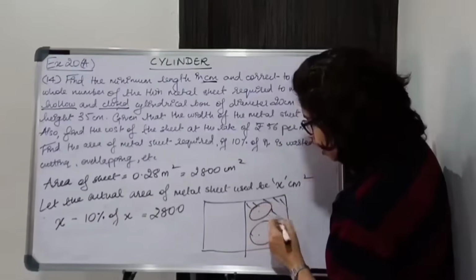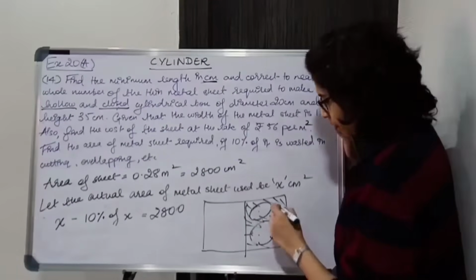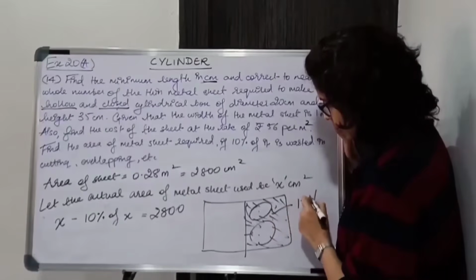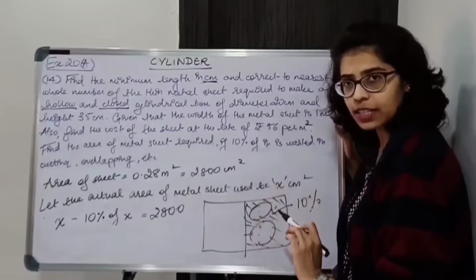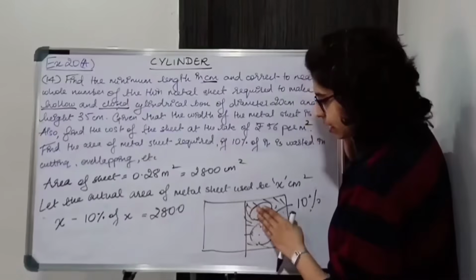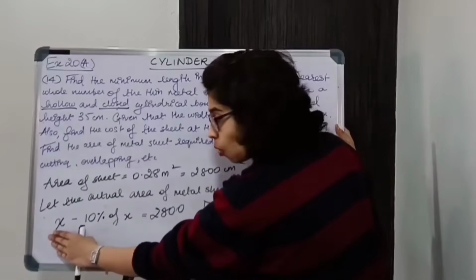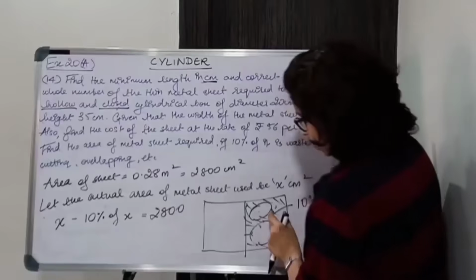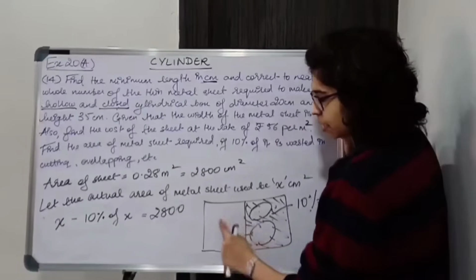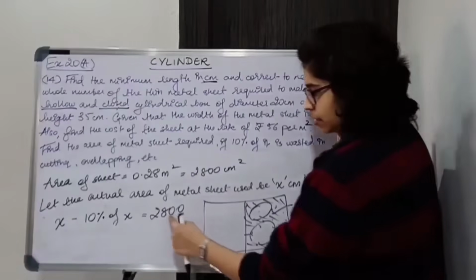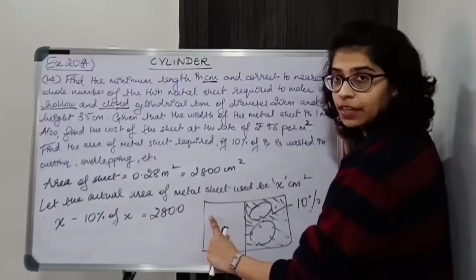So this much part that is wasted, okay, this part is 10%. So ये 10% हम लोग ने subtract कर दिया इसमें से. We counted only this part and this part. So this whole area minus 10% जो है वो क्या हो जाएगा? This plus this is nothing but 2800. That is the cylinder that we had made out of this.